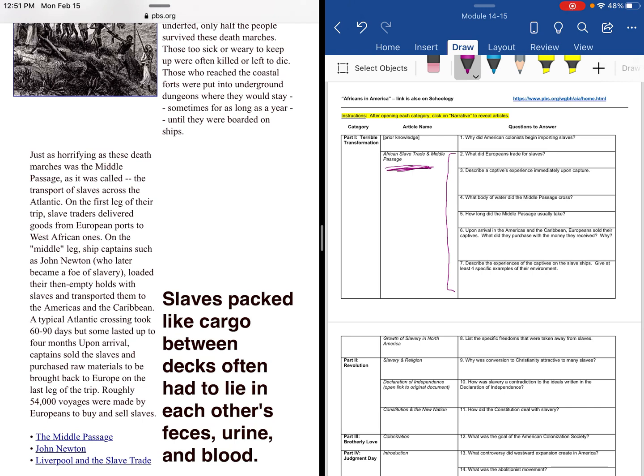On the middle leg, ship captains such as John Newton, who later became a foe of slavery, loaded their then empty holds with slaves and transported them to the Americas and the Caribbean. A typical Atlantic crossing took 60 to 90 days, but some lasted up to 4 months. That was the answer to number 5.